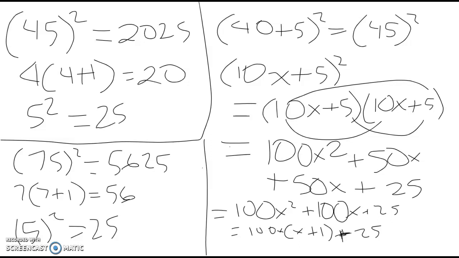Basically, you're taking the x times x plus 1. So the x we said was 4, and look what we did here. We did 4 times 4 plus 1. So 4 times 5, we would get 20. 20 times 100 is 2,000, plus 25 is 2025. And that's how you do it.